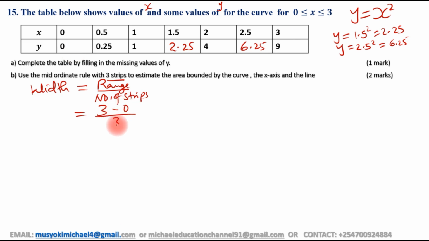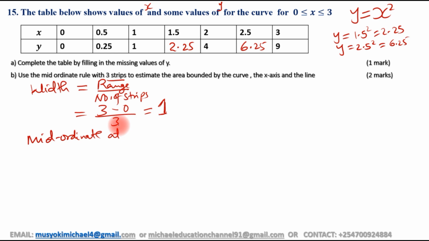So the range of x is the maximum value, 3, minus the minimum value, 0, divided by 3 strips. So 3 over 3 is 1. The width of one strip is 1.